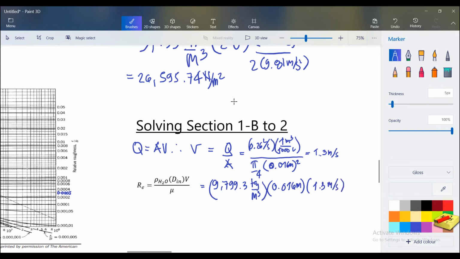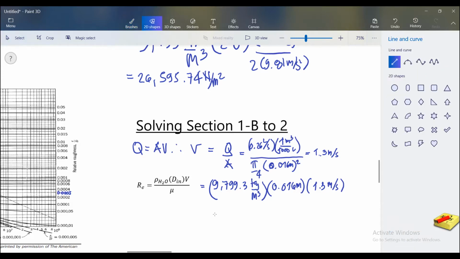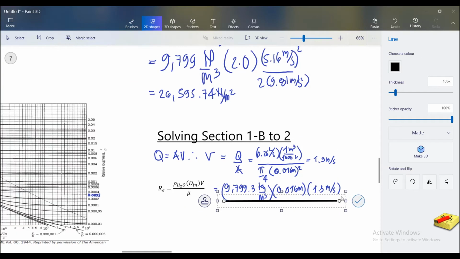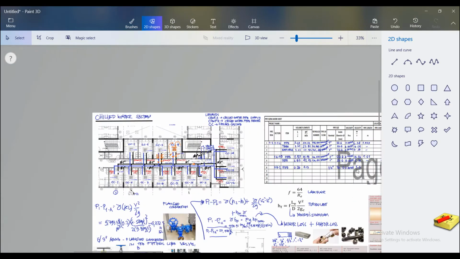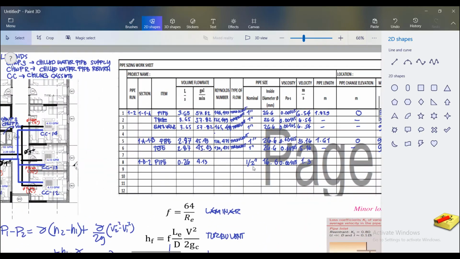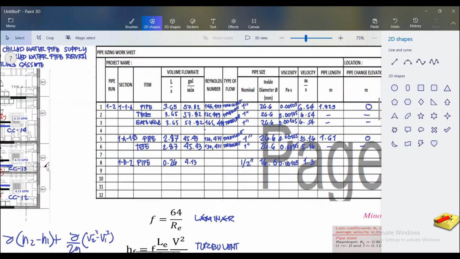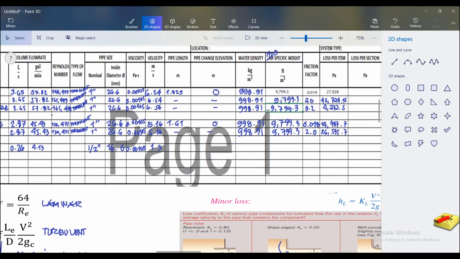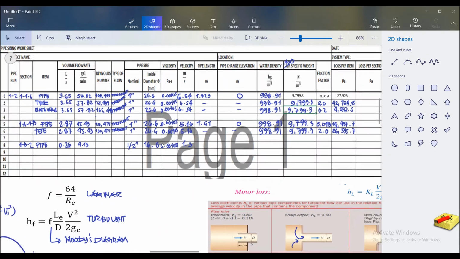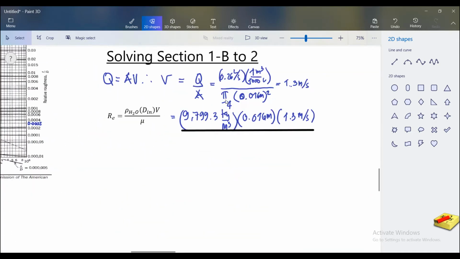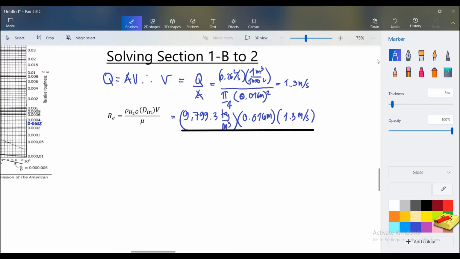So let's divide it by the viscosity, which is 0.00105 Pascal second.